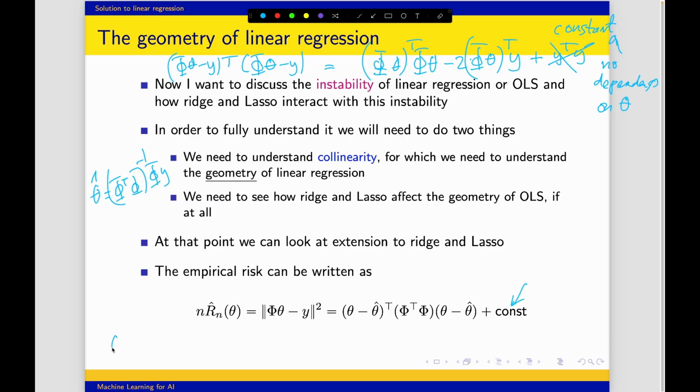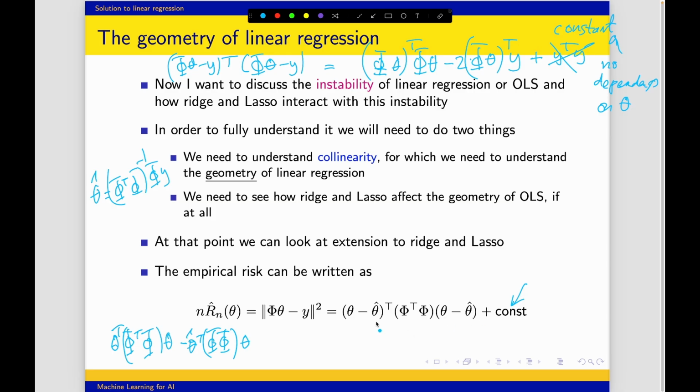So we're going to get theta transpose phi times theta. That's this times this times this. And we're going to get minus this times theta, because that depends on theta. So we get minus theta hat transpose, which is our OLS solution, phi transpose phi times theta.